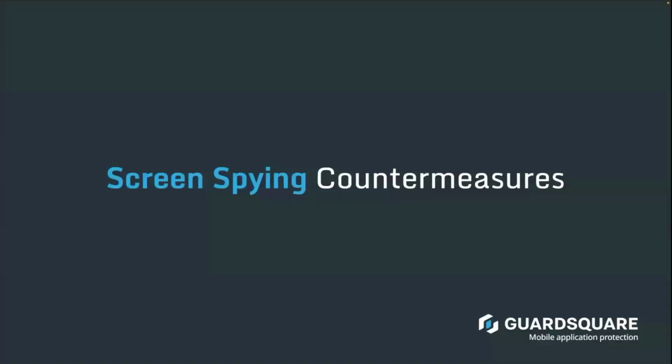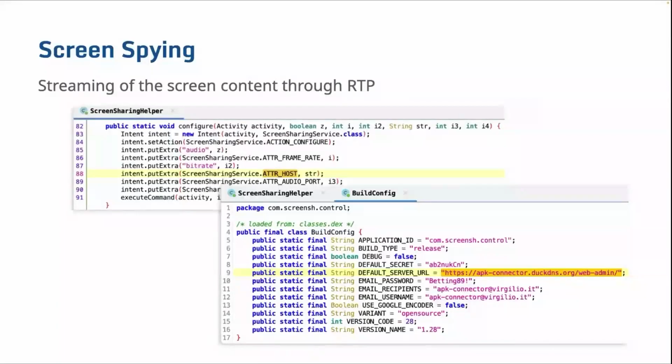Let's quickly discuss screen spying also. For instance, this is from a real malware piece. We can see here a screen sharing service. We can see a URL here. So basically, the malware can capture the screen, the camera, the microphone, and provide all this information through streaming to the command and control server.